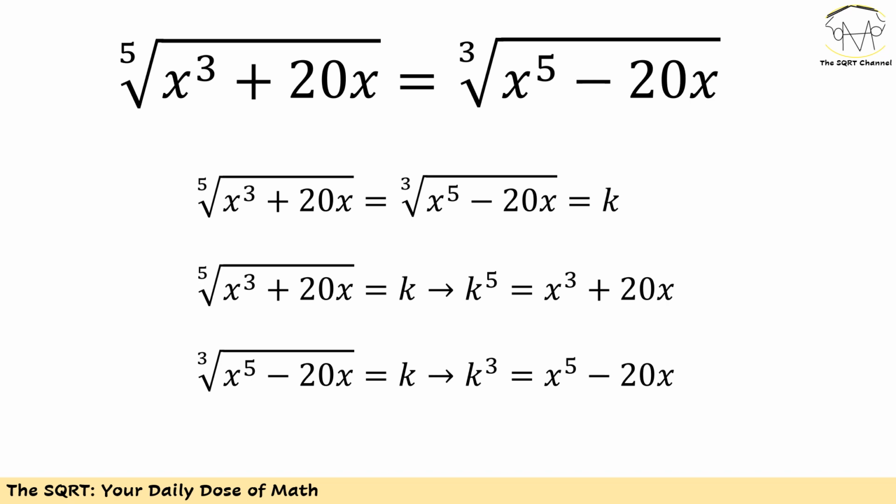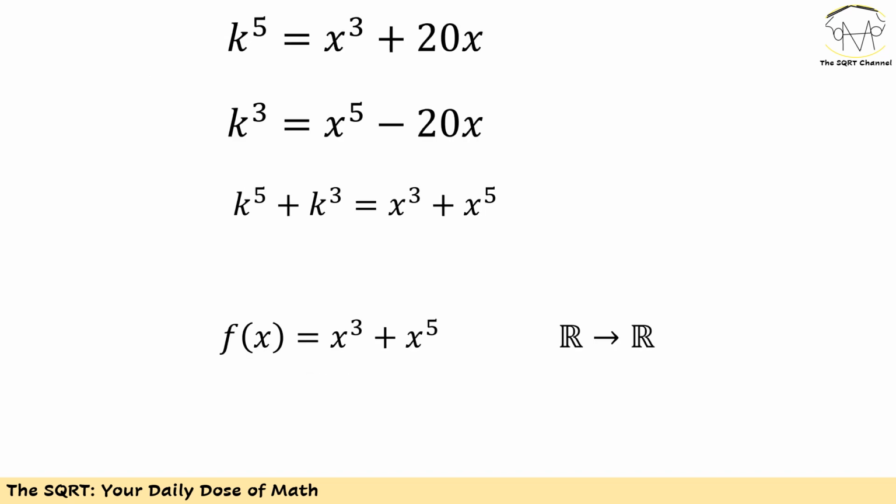Now let's focus on the second equation. Here I can say that k cubed is equal to x to the power of 5 minus 20x. Now, as you can see, I took powers of 3 and 5, but I didn't mix them, which is the trick here. Now let's move forward and see how we are going to solve this.